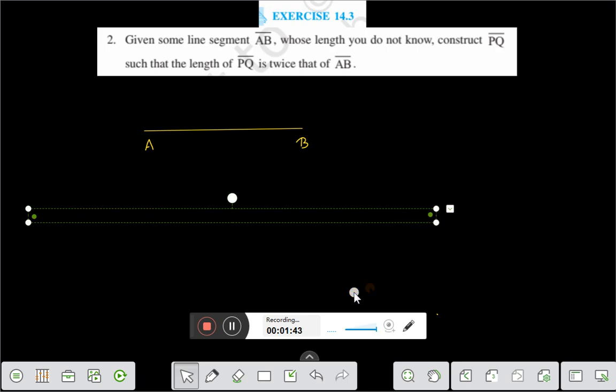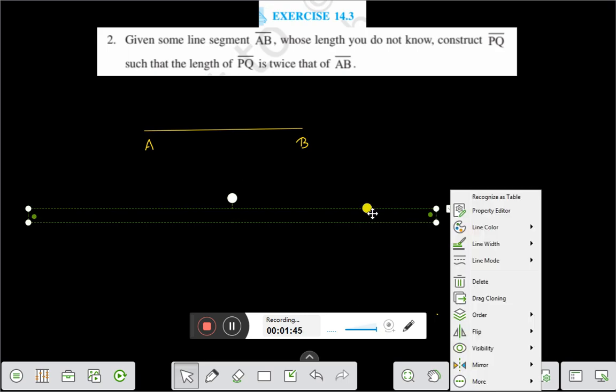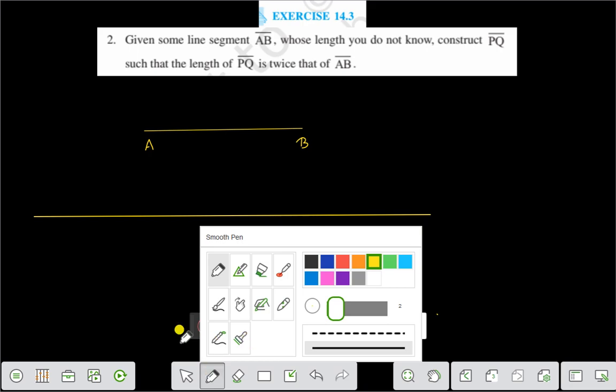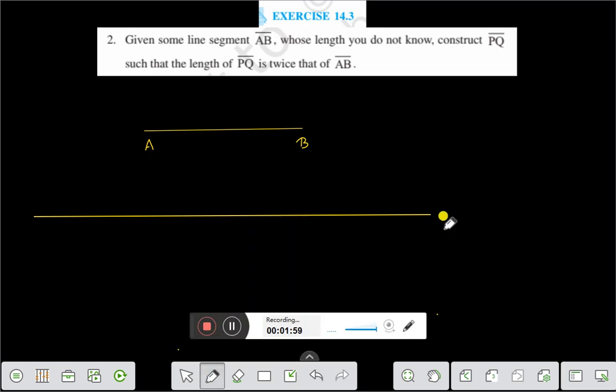We change the color of the line to yellow, and we give the name of this line as L. Suppose the name of this line is L.